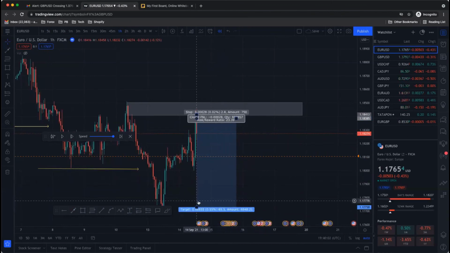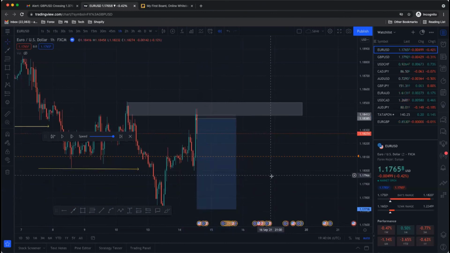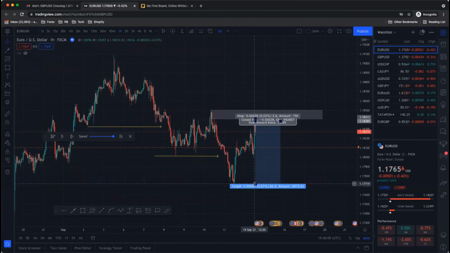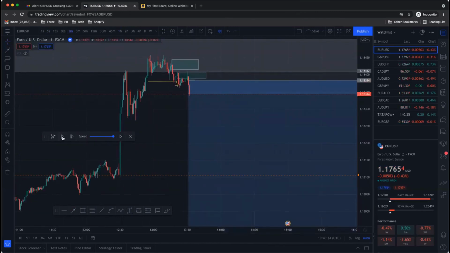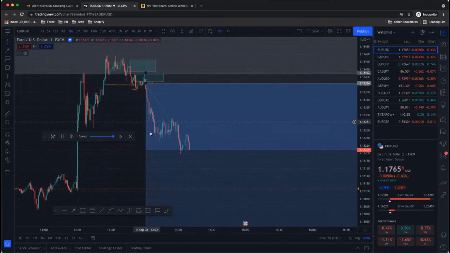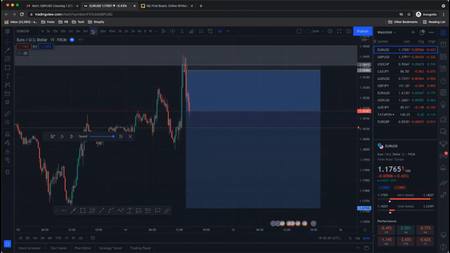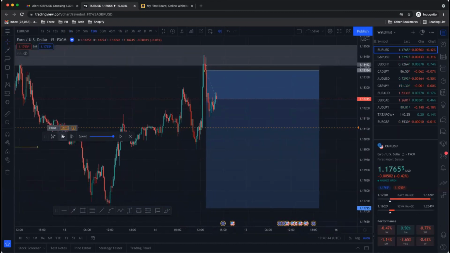See, this is 23%. This low. As soon as you got this break, you just play this, and as soon as you hit 10%, you're going to remove 50% of your money.